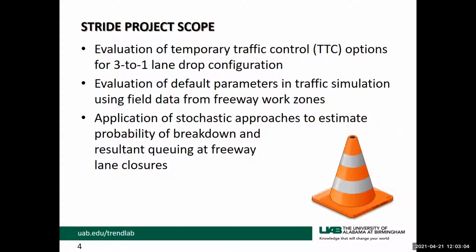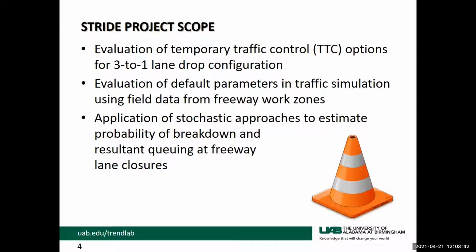In this study, we examined several aspects of the modeling of freeway work zones, including how work zones with 3-to-1 lane drop configuration work and different types of temporary traffic control. We also looked at how field data from freeways with work zones can be used to evaluate default parameters in traffic simulation programs, for example, truck acceleration capabilities and time headway distributions.